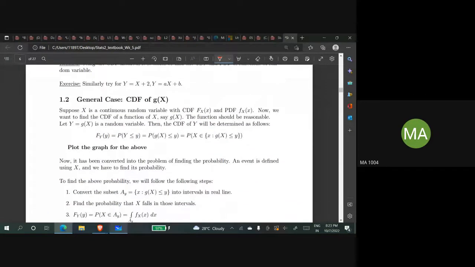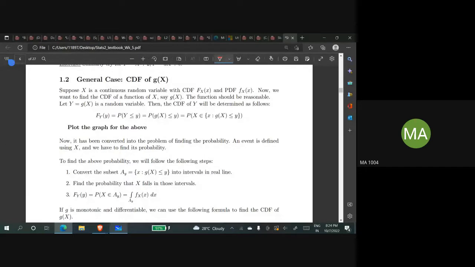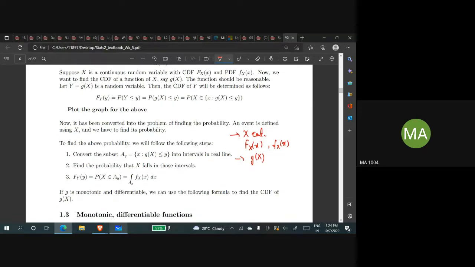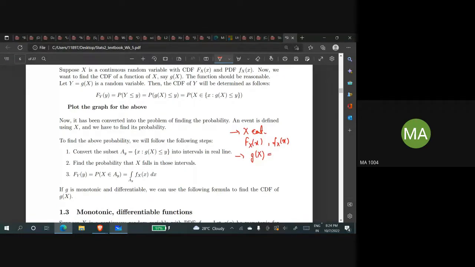Okay. Now, this was just one example. So how do you generally find it? If you have any continuous random variable x, which has a CDF Fx of x and a PDF small fx of x, and you define a function of x, let's say g of x, and this g of x is another random variable that we denote as capital Y. How do you generally find this CDF?